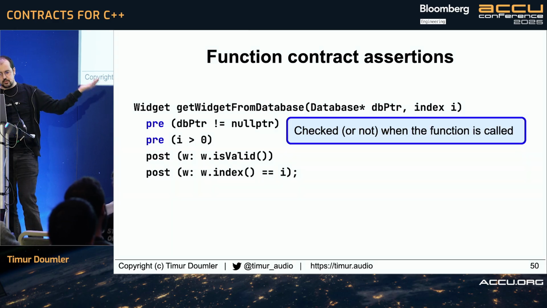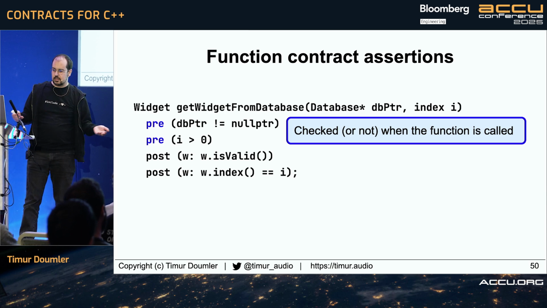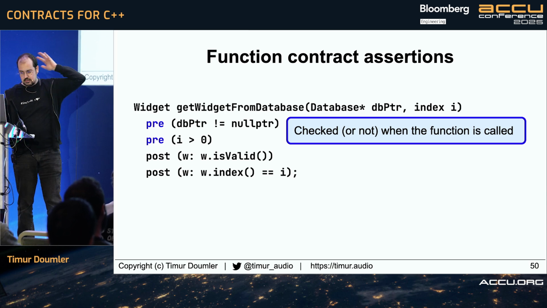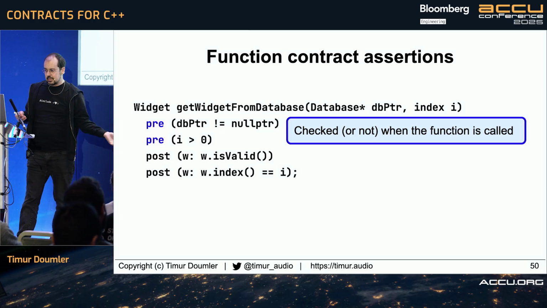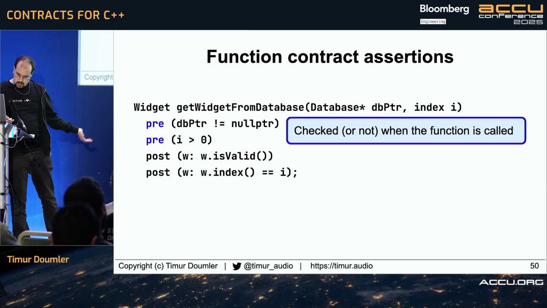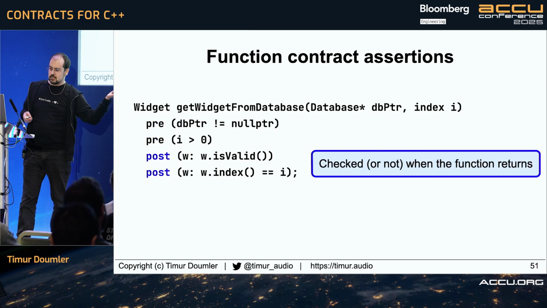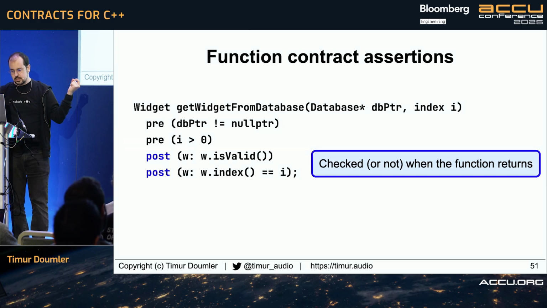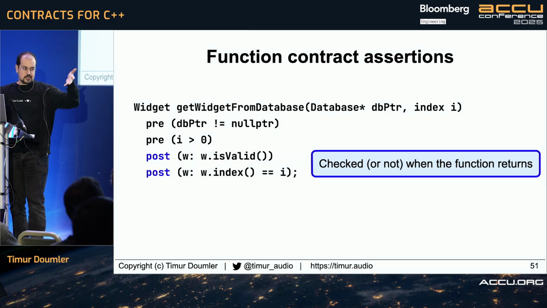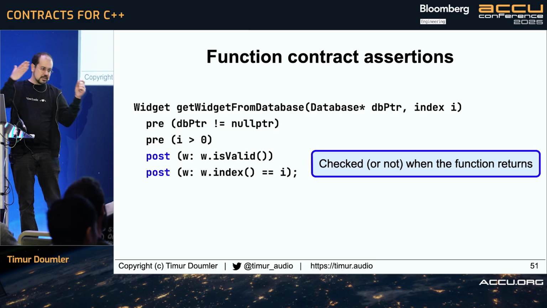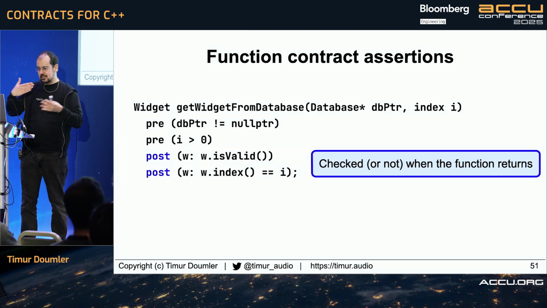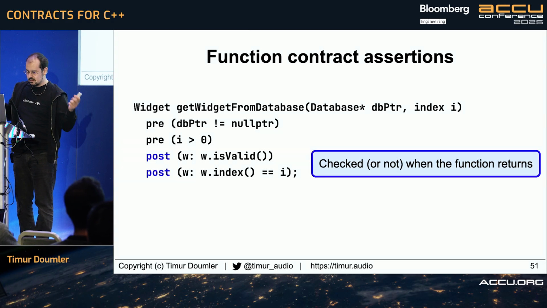So you can, for example, assert that the pointer you passed in is not null and that the index you passed in is not negative, whatever you want to check there. And then when the function returns, those postcondition assertions get checked. Then you can check whether the widget you're returning, that's a contrived example, is valid and has the index that you passed in, or whatever.